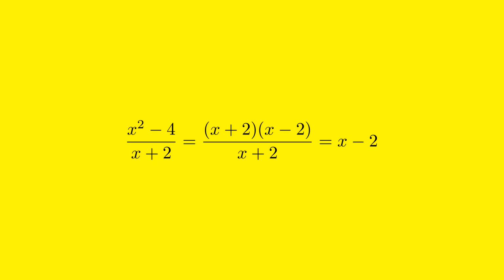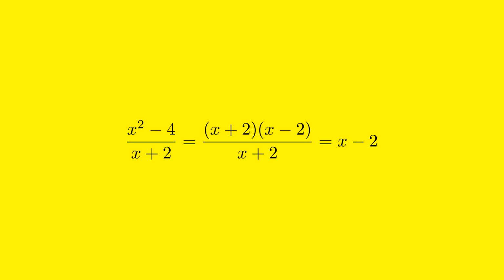To ensure that our simplified result is correct, we can substitute different values for x into both the original expression and the simplified expression to see if they yield the same result. Provided the value for x does not make the denominator 0, let's pick a value for x, such as 1.